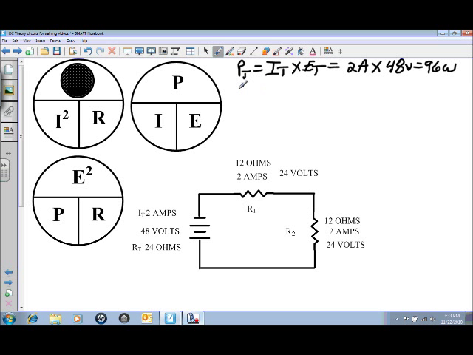So calculating the power at R1 is I squared times R1, or 2 amps squared, times 12 ohms, and that will equal 48 watts.